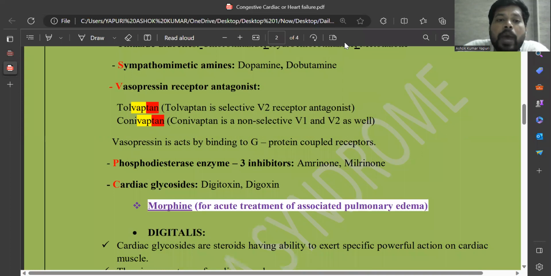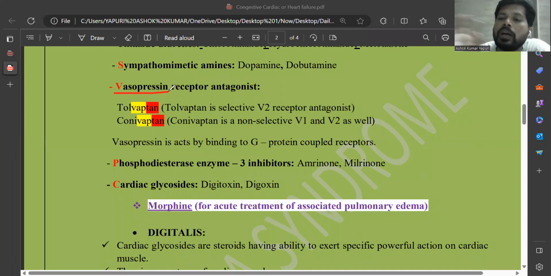And next is vasopressin receptor antagonist. Vasopressin is also known as ADH, antidiuretic hormone. This hormone opposes urination, preventing urination. But in this condition, you have to promote urination to eliminate excess fluids out of the body.